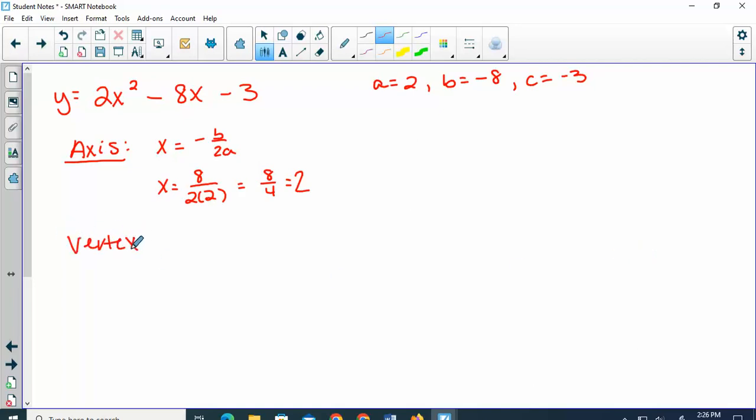How do we find the vertex? Plug it in. You can use your calculator. You don't have to do it by hand. We're just plugging in that 2 for our x. So what do we get?